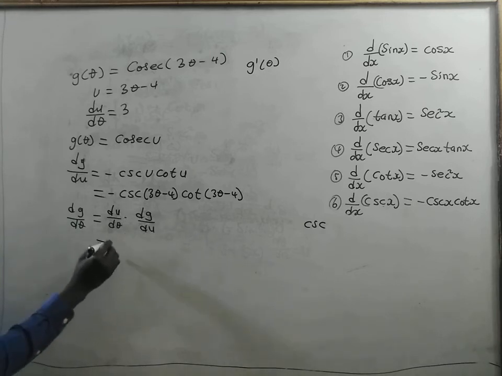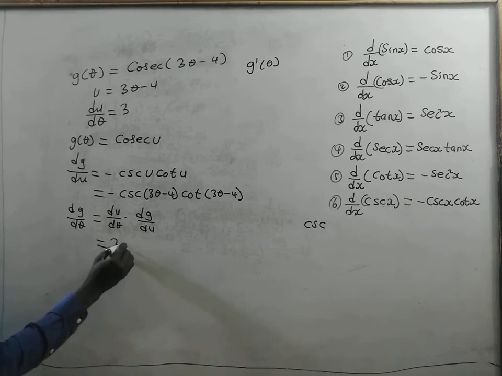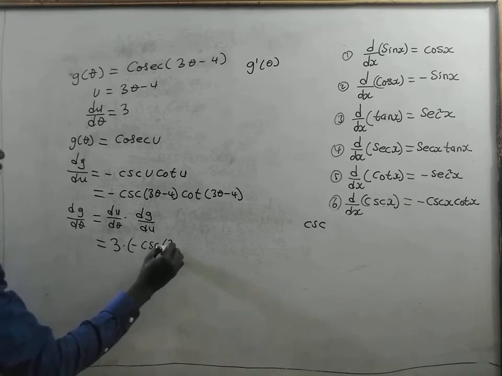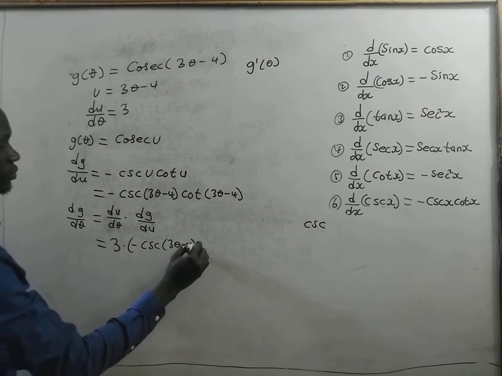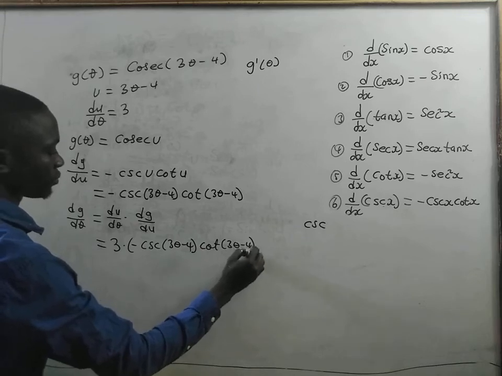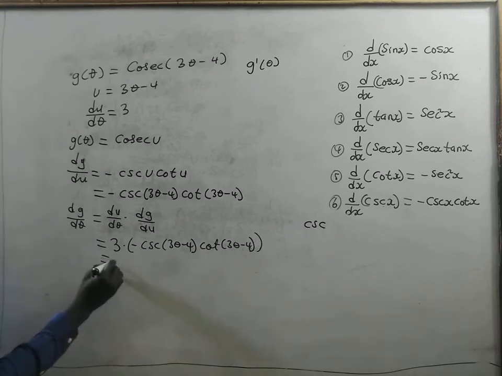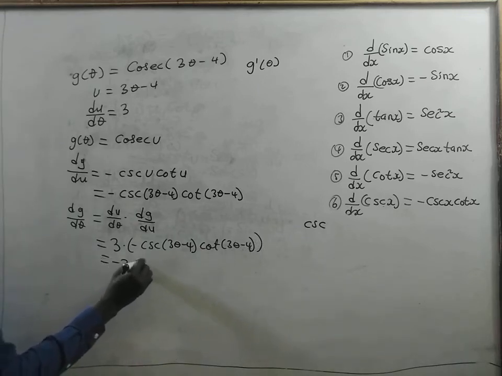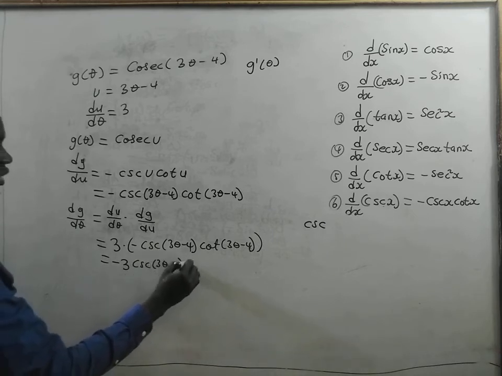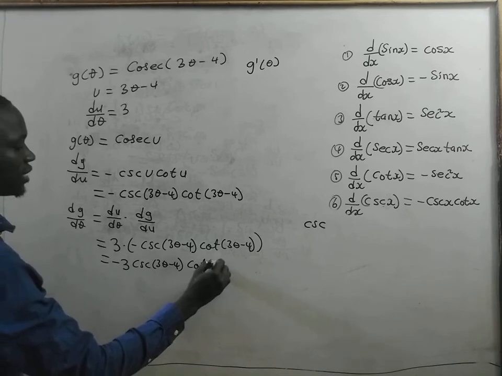And this will give us 3 times minus cosecant of 3 theta minus 4 times cotangent of 3 theta minus 4. And that will give us minus 3 cosecant of 3 theta minus 4 times cotangent of 3 theta minus 4.